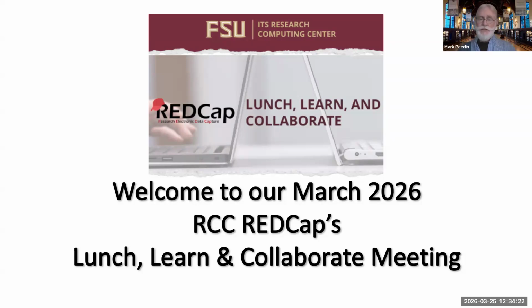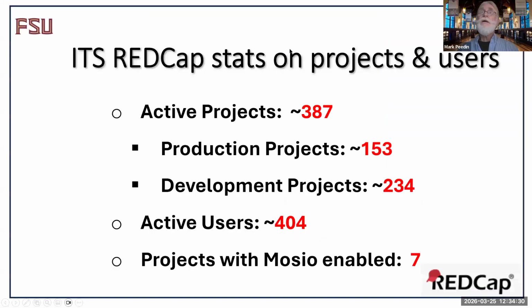As always in these meetings, I like to start off by sharing some stats about our system. I want to mention that currently, in the new ITS REDCap system that we have migrated everybody's projects to, we approximately have 386 active projects.